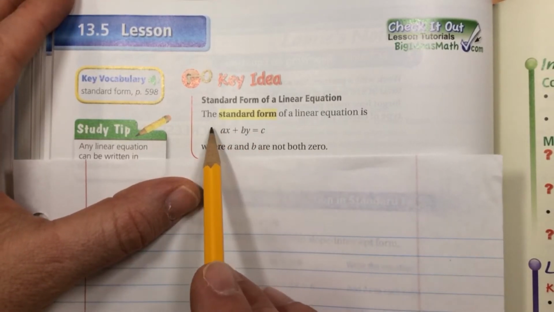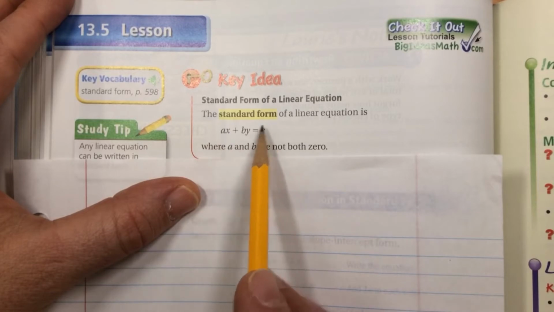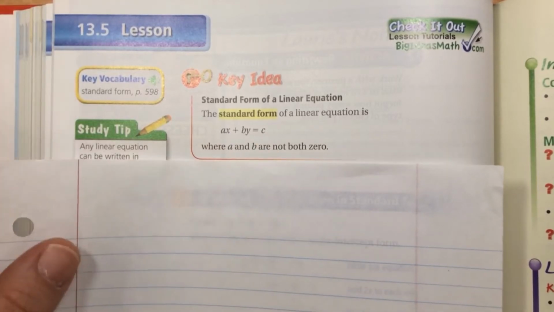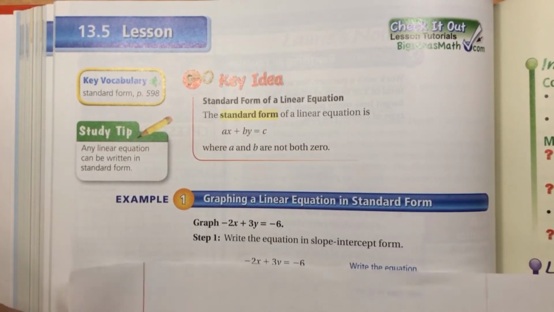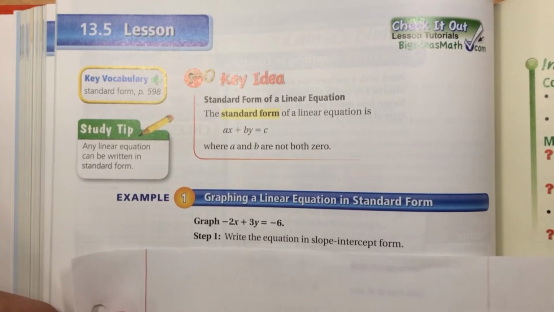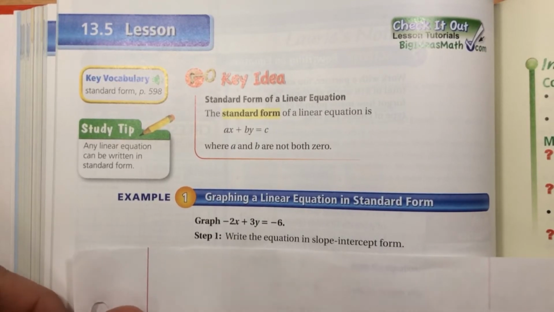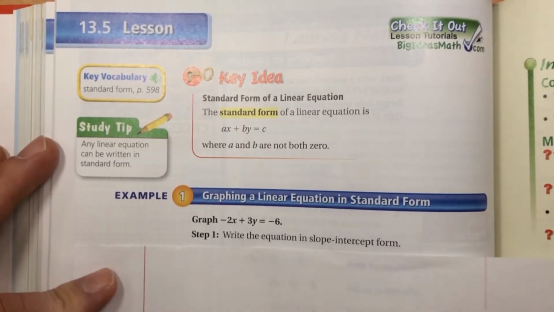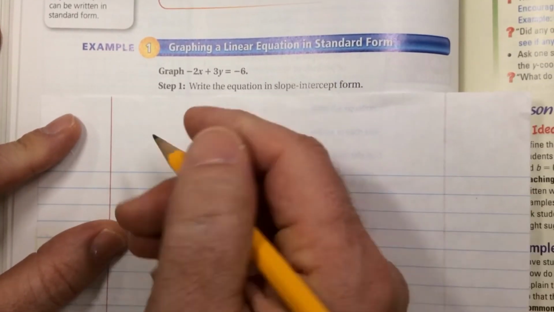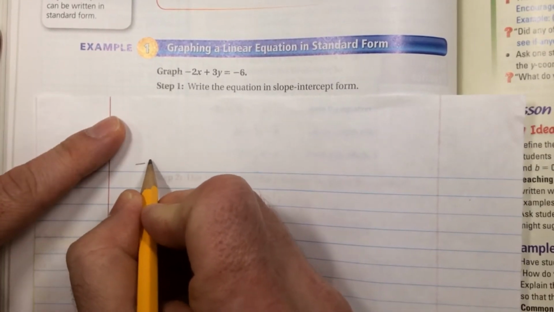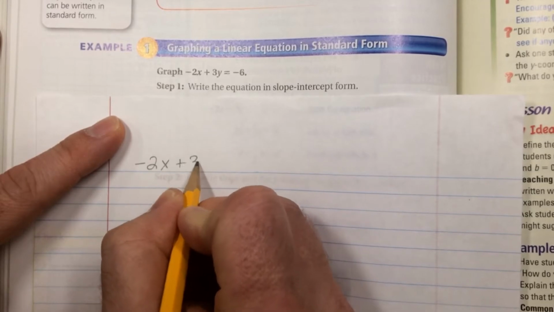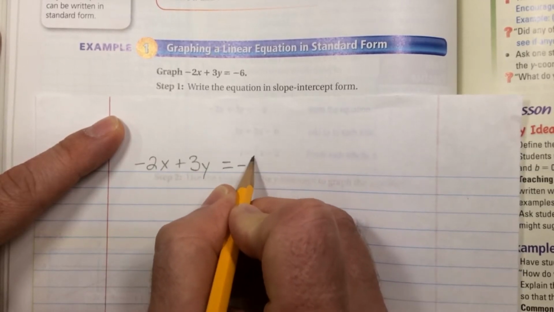When we find an equation in this form, we can still graph it. The first way they're going to tell us to graph it is to take the equation. In example 1, they give us this equation: negative 2x plus 3y equals negative 6.